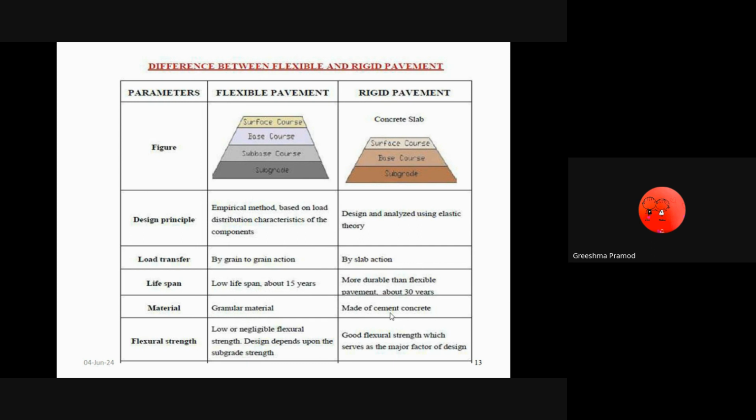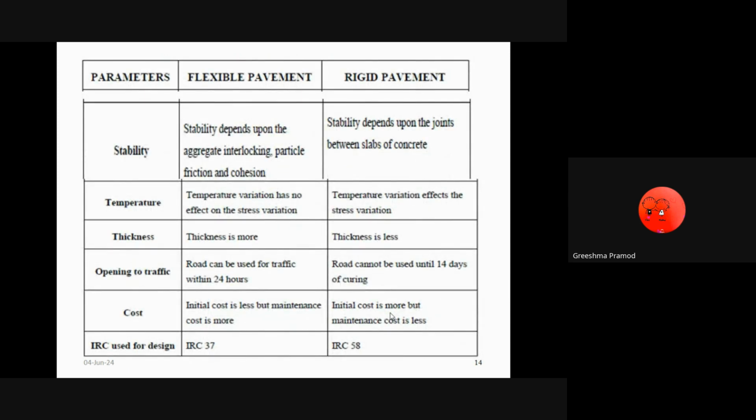Flexible pavements have low or negligible flexural strength, but rigid pavements have good, high flexural strength. Stability depends upon aggregate interlocking in one, and upon the joints between the concrete slabs in the other. For temperature, it has no effect on the stress variation in flexible pavement, but for rigid pavement, temperature variation affects the stress variation.